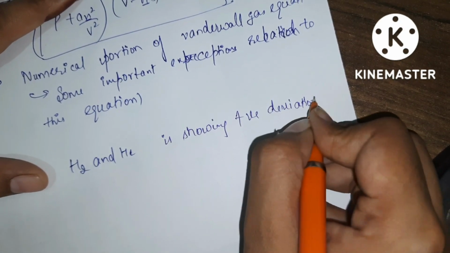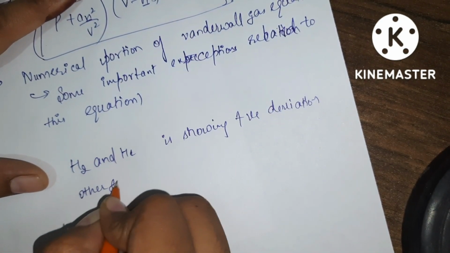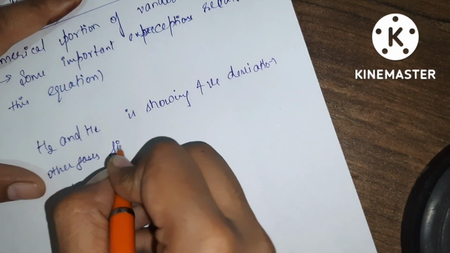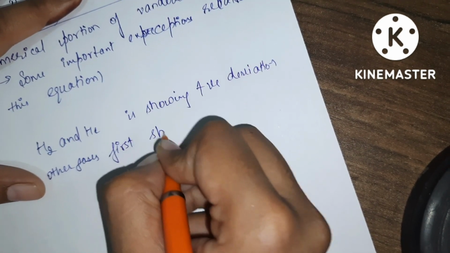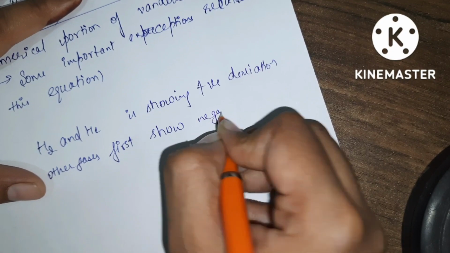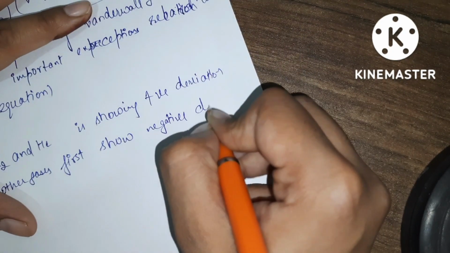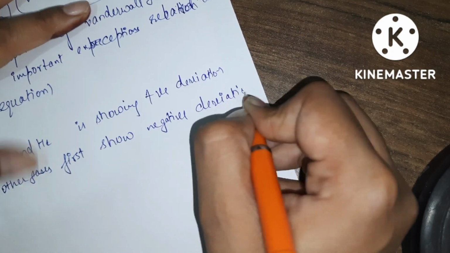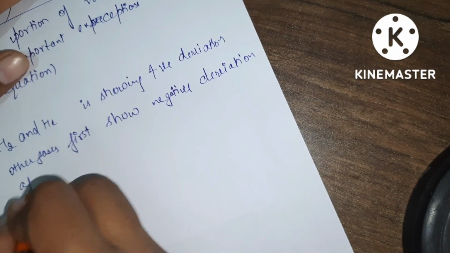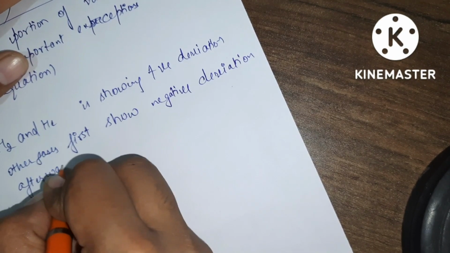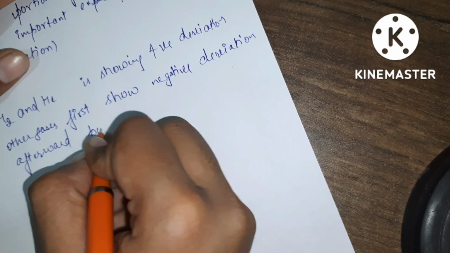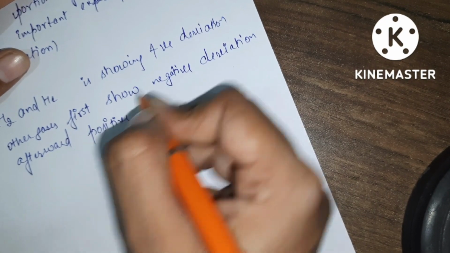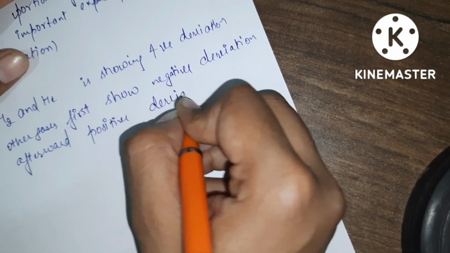Other gases first show negative deviation, afterwards positive deviation at higher pressure.